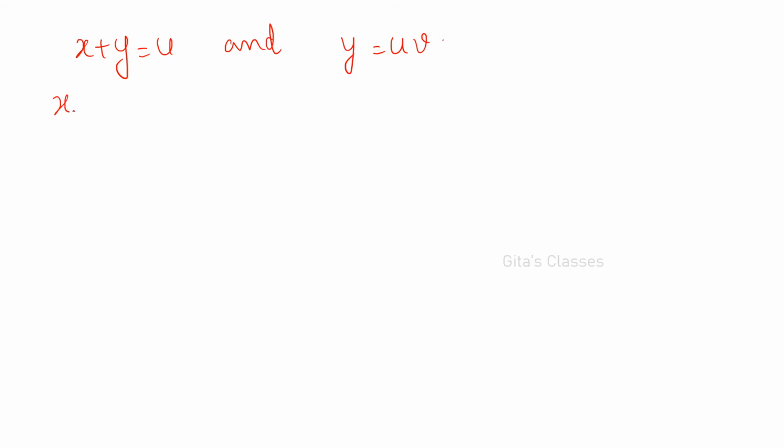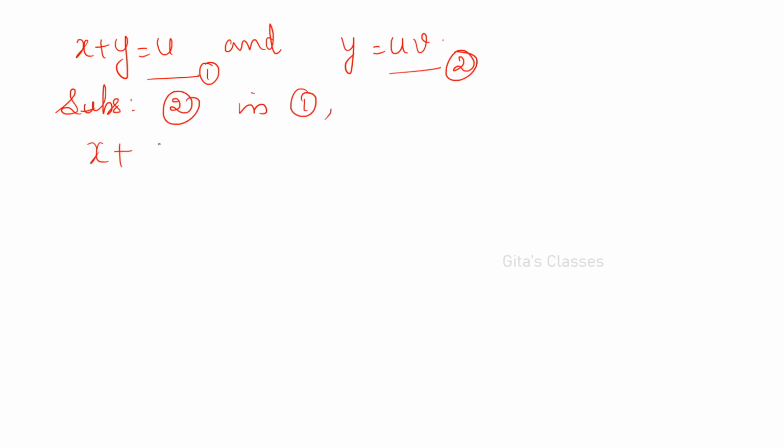So this is equation number 1, this is equation number 2. Let us substitute equation number 2 in 1. What will you get? x plus what is y? uv is equal to u, right? This implies x is equal to u minus uv.